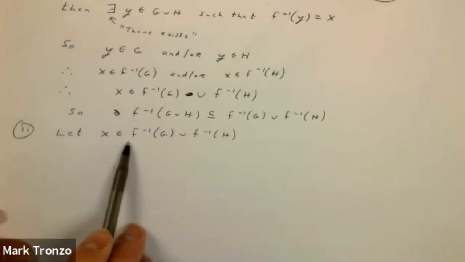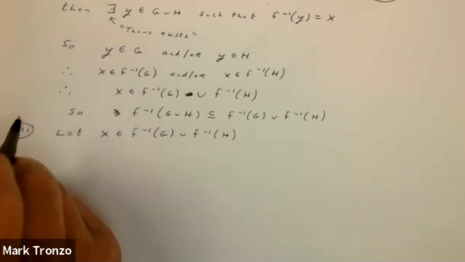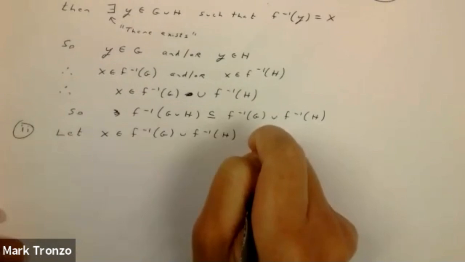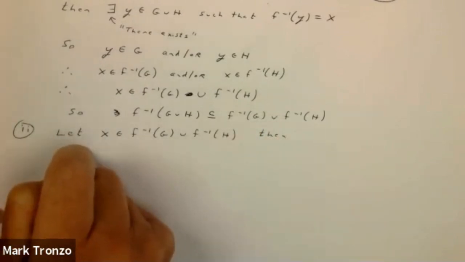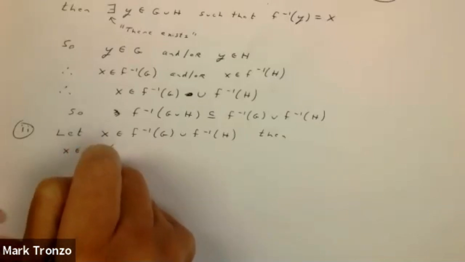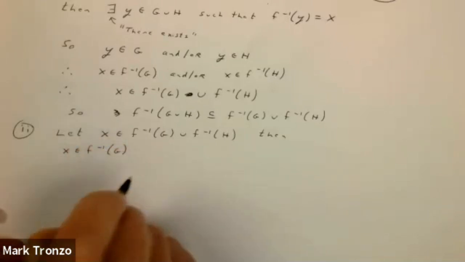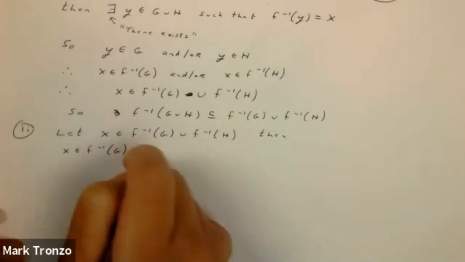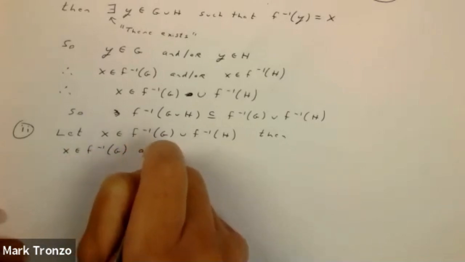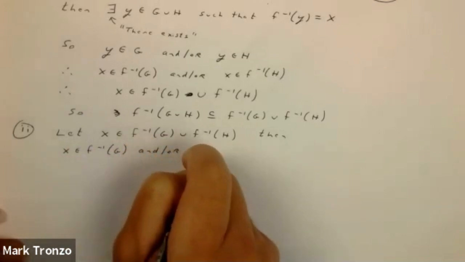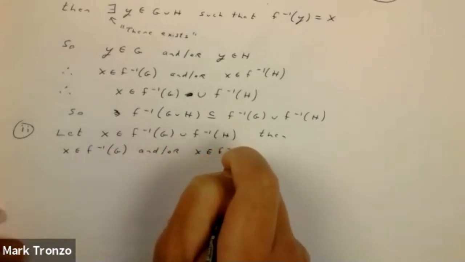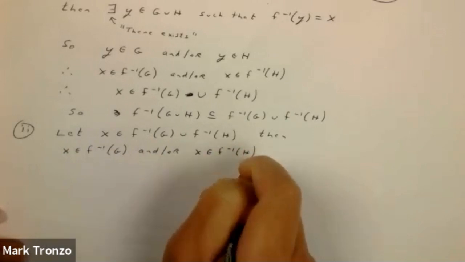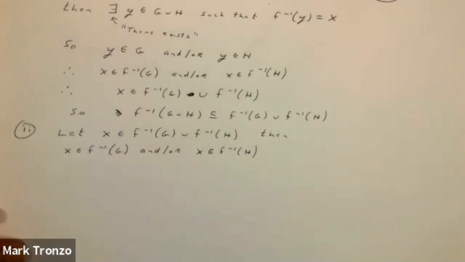So once again, if this is true, then X is in the inverse image of G and/or X is in the inverse image of H, like that.